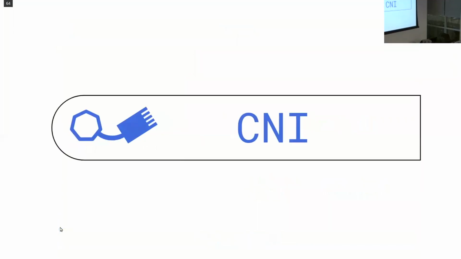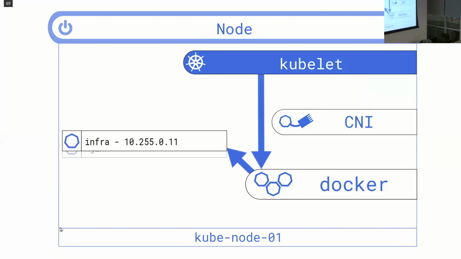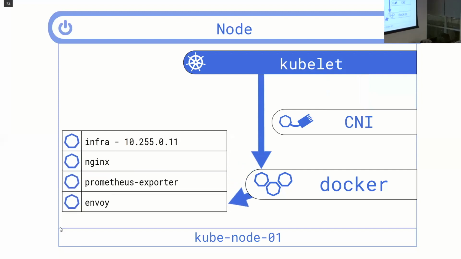What happens is the kubelet talks to CNI, and basically at the node level you have a bunch of binaries and config files that say, for things coming through here, here's how I want you to determine its IP, by calling these binaries, or calling them in this order, running all these different functions. It's super highly pluggable. So it'll talk to CNI, CNI will do whatever it's configured to do to get the IP address, give that back to the kubelet, which can then talk to Docker and make that infra container. And then, like I said, it's going to join all of the other containers inside that network.